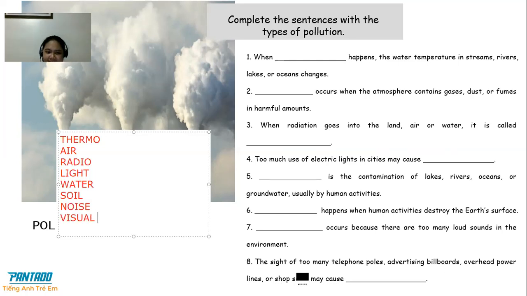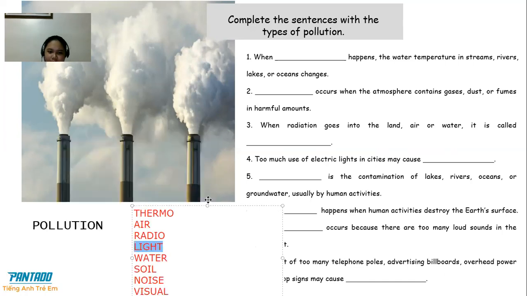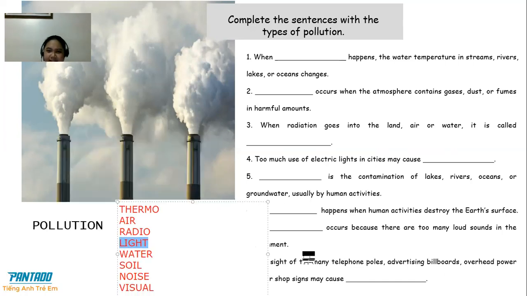Shop signs. Okay, one more time. Signs. Sight. Hold on. For the last time, signs. Sight. Hold on. Okay, so let's check your work.